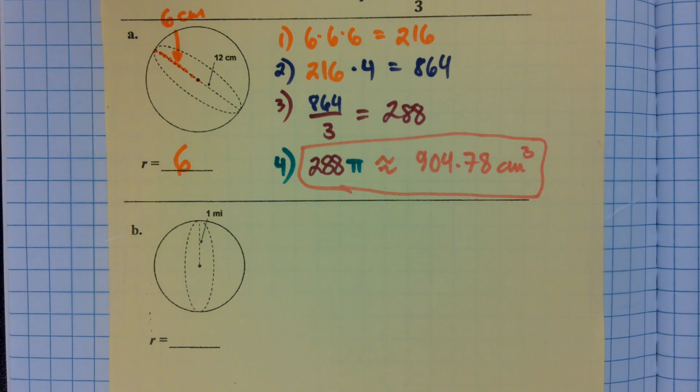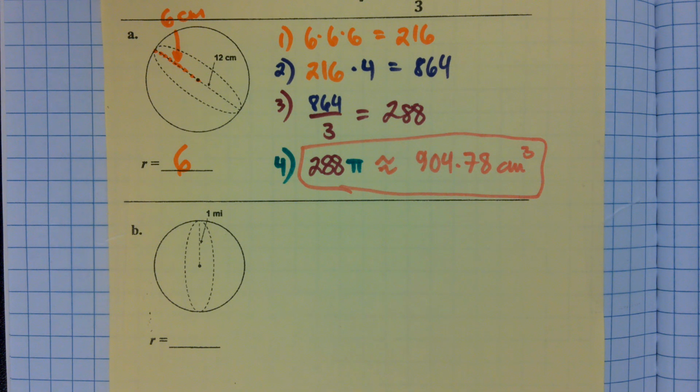Put your pi in there. Then it's 4.18. Yep, that looks good.